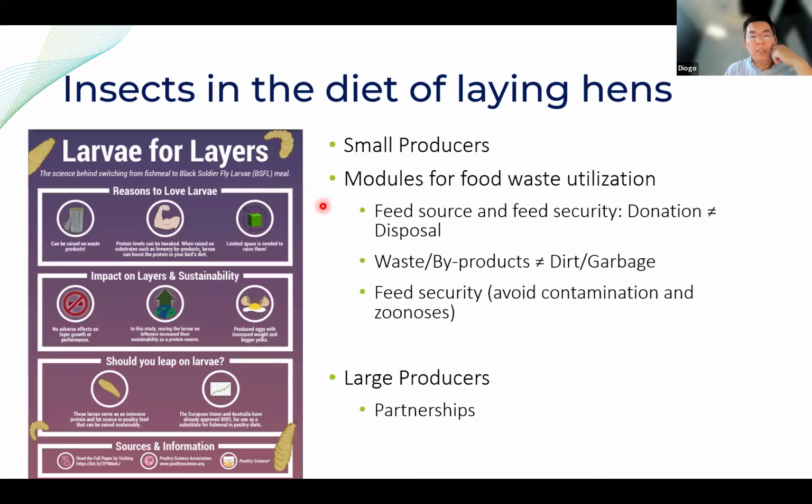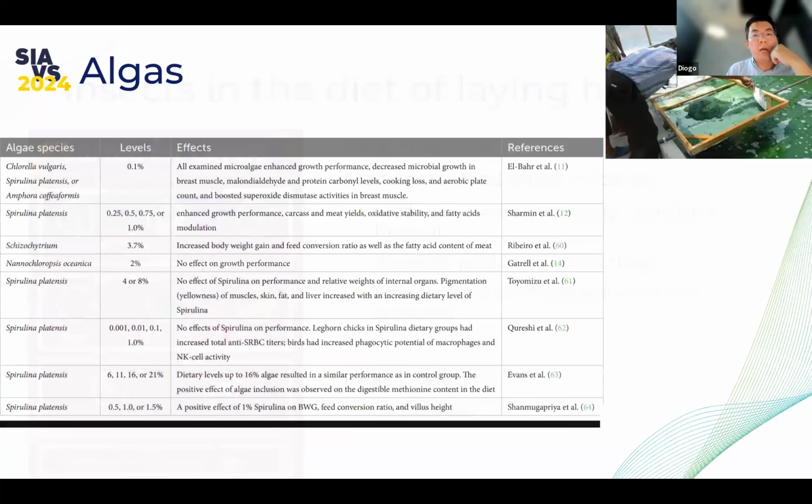One important thing to think about with insects in the layer diet is how to feed these insects, because we can use waste or byproducts from human nutrition, but it cannot be a source of cross contamination to the insects. Large producers of insects are always looking for partnerships to improve insect meal production.